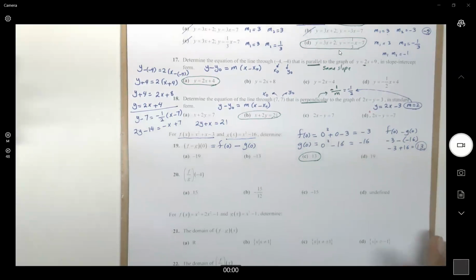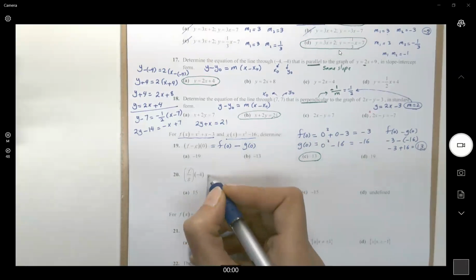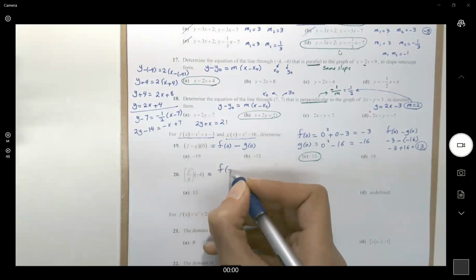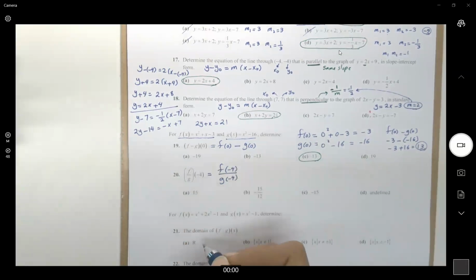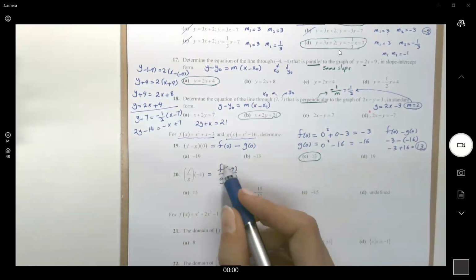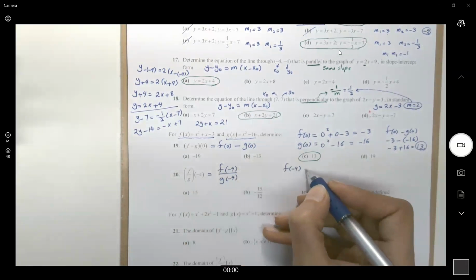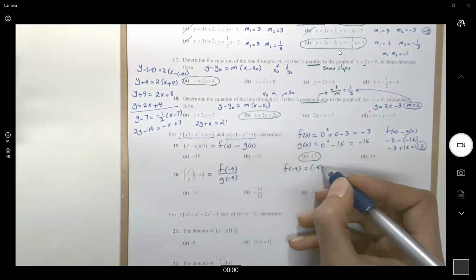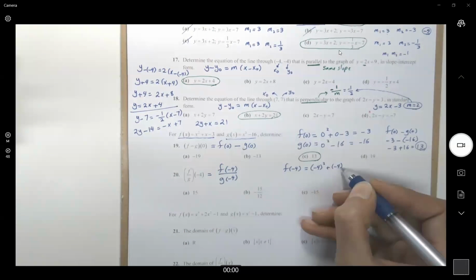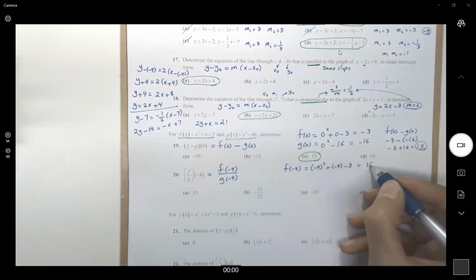Question 20 says, evaluate f divided by g at negative 4. This is defined as f of negative 4 divided by g of negative 4. So we need to calculate f of negative 4. F at negative 4 is negative 4 squared plus negative 4 minus 3. Negative 4 squared is positive 16.